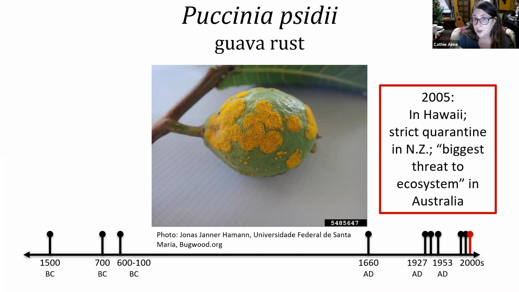And most of those are susceptible to this rust. And it is right now completely changing some of these ecosystems. So the battle is really on to try to get this new invasive rust. This one actually came from South America where it originated and blew the other way around the world. But the race is really on to try to get this under control before it completely devastates some of the Australian ecosystems.